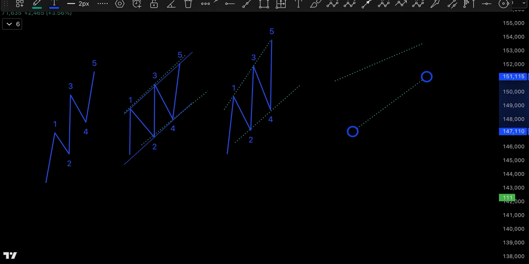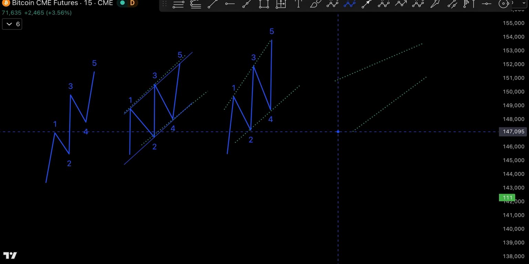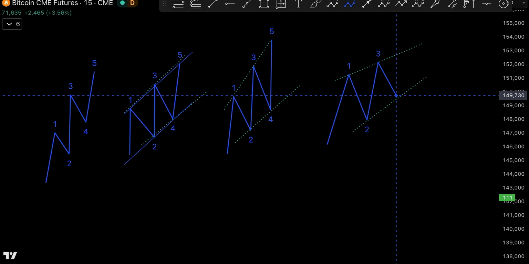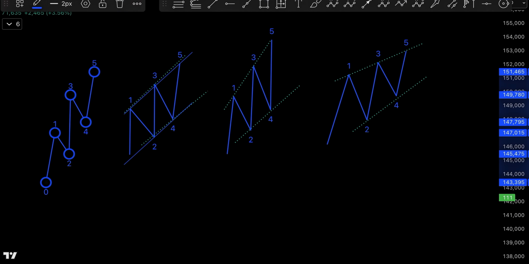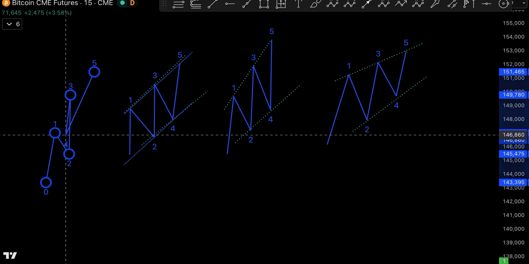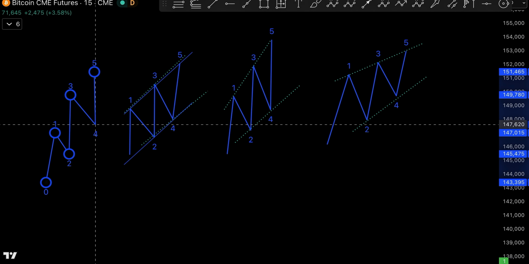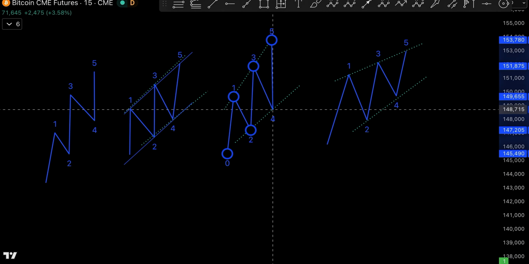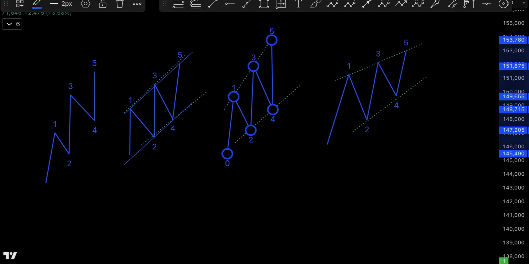Could be possible also. So let's say 1, 2, 3, 4, 5. These are the possibilities in a leading diagonal. And the rule here doesn't work as it was working here, where the fourth wave cannot overlap the first wave top. In this, you can find multiple overlapping structures. In the leading diagonal, this is normal.